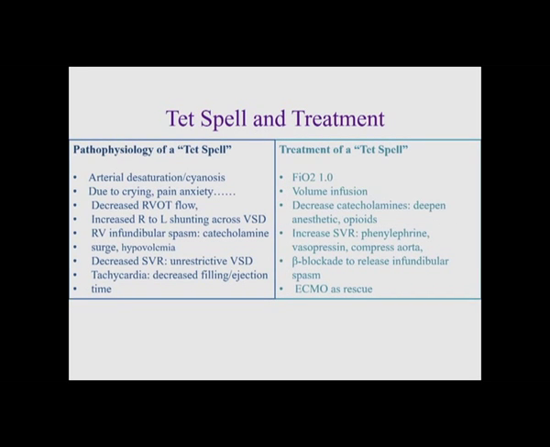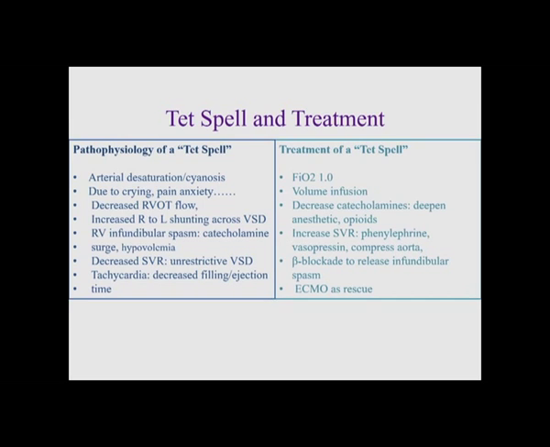These kids can go into what everybody knows as Tet spells, and that's actually a vicious cycle, and it's important to break it, and these children need then 100% oxygen. They need a bolus of volume. If this happens during anesthesia, you need to deepen the anesthesia.